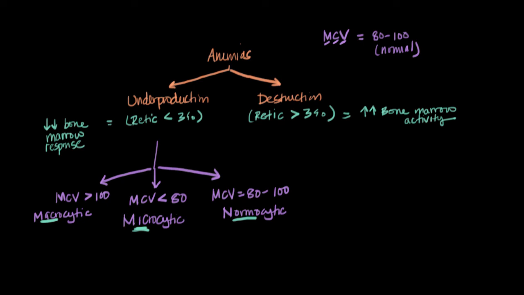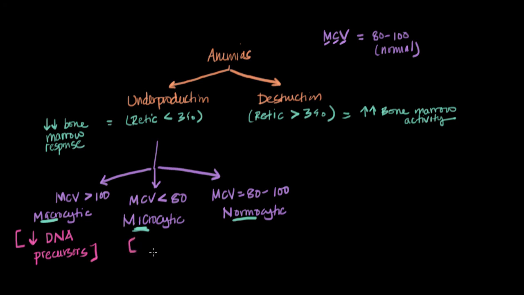And we're going to go into the different causes of macrocytic, microcytic, and normocytic anemias, the different types of those anemias. But as a general rule of thumb, the macrocytic anemias are caused by a shortage of DNA precursors. So anything that causes a shortage of DNA precursors will lead to a macrocytic anemia. Okay, compare that to a microcytic anemia.